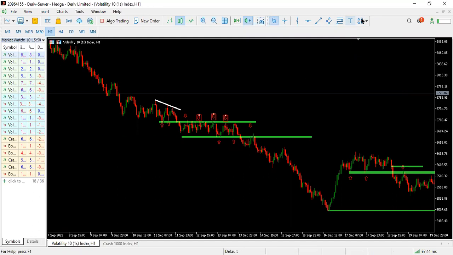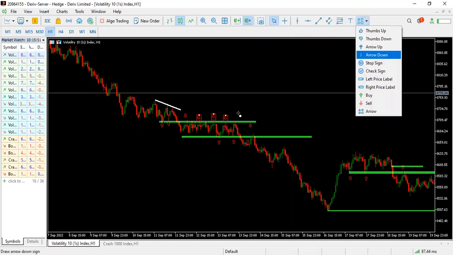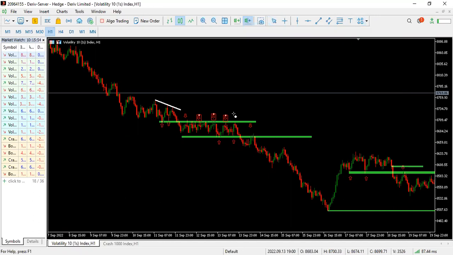You can see that for several hours the price kept turning, about 4 or 5 times. So as the price was turning here, you can see below, this was the consolidation.